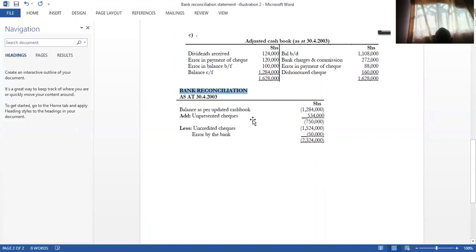The moment you find that it is similar, then you are okay. You have hit the target. Your work is to make sure that this balance as per the bank statement that you get here is equivalent to what you have been given in the question. And once you have it correct, then you should be there to celebrate, because that question has been done right.